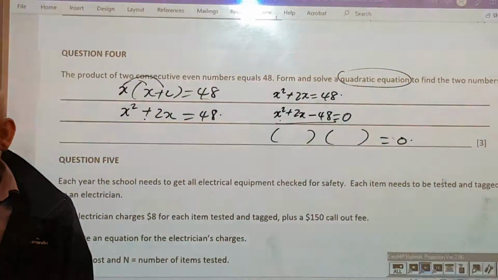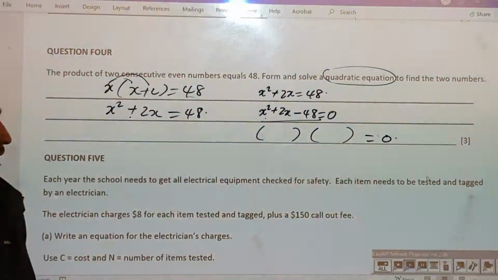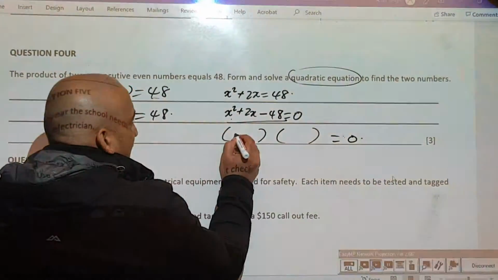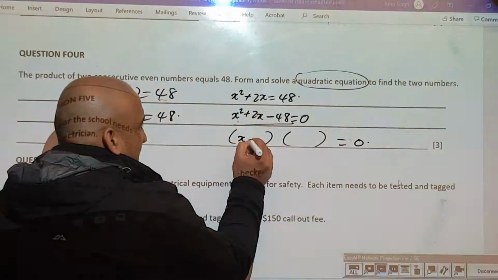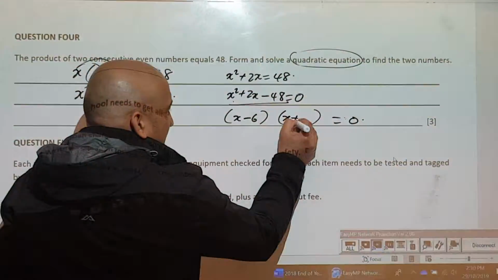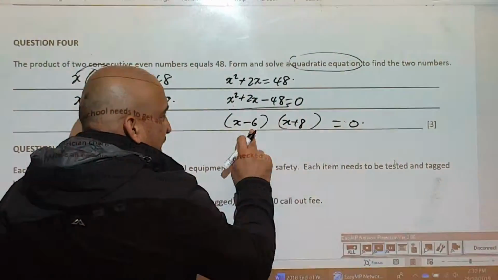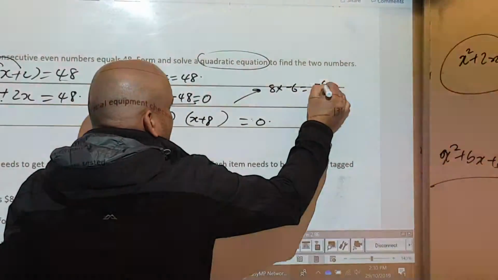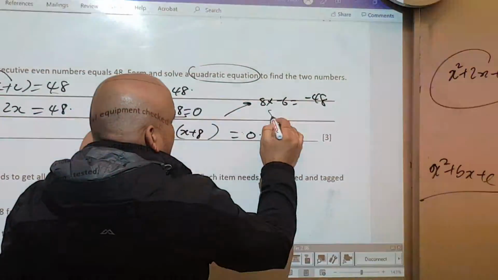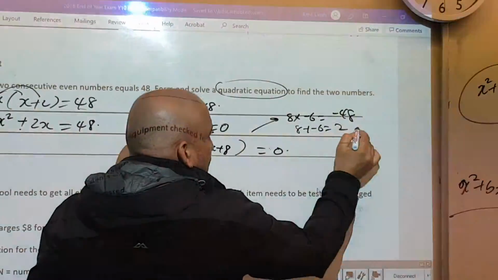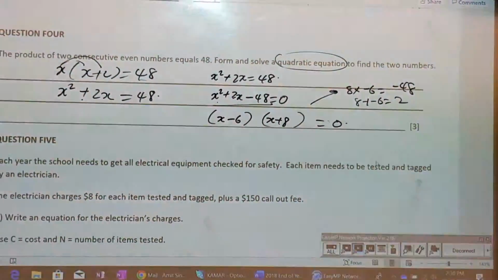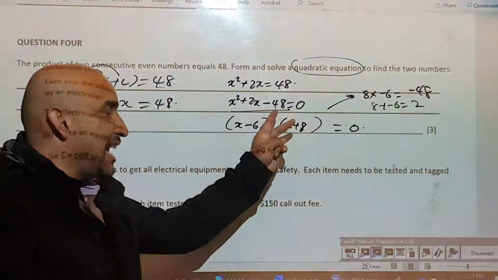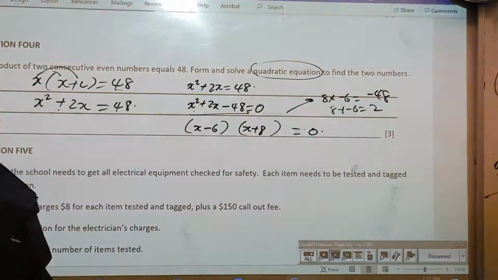What are those two factors of negative 48 that can give me plus 2? I'll say x minus 6 and x plus 8, because 8 times negative 6 equals negative 48, and 8 plus negative 6 will give me 2, right? So finding two factors of the last number that give you the middle number.